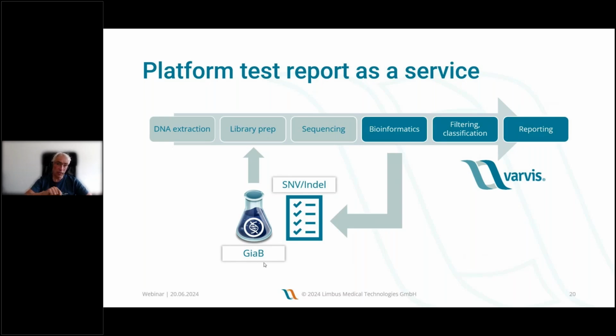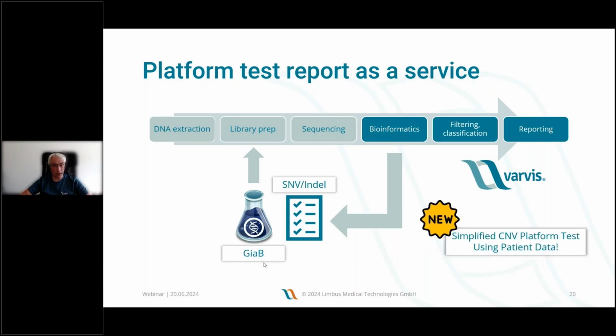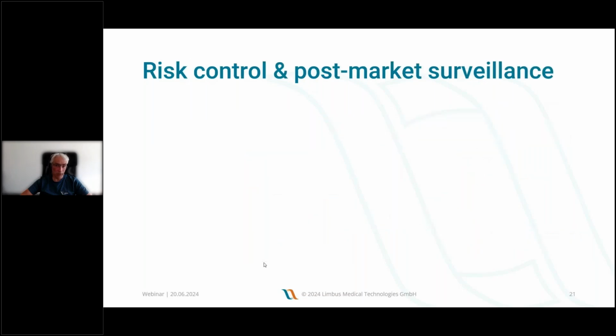The platform means both your wet lab part and our bioinformatics analysis part. And now that we have the IVDR certificate, we can even offer you a simplified platform test for the CNV analysis. This certainly saves a lot of time and investment into validation procedures.